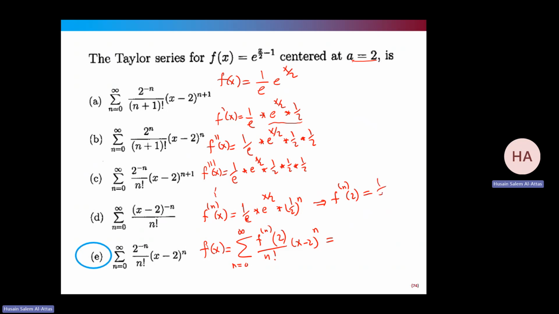That will be 1 over e times e times half to the power n, which is 2 to the power minus n. So I have the summation n equals 0 to infinity of 2 to the power minus n over n factorial times x minus 2 to the power n, which is this one.